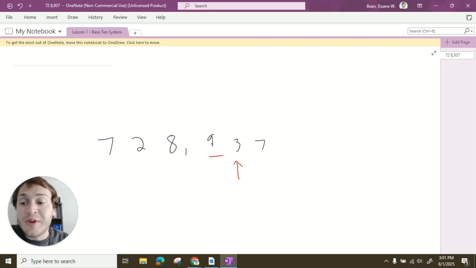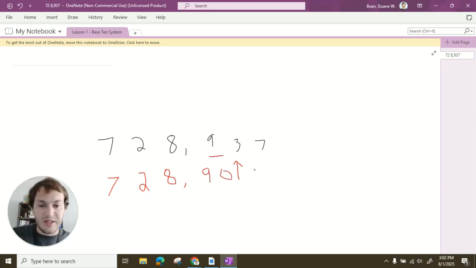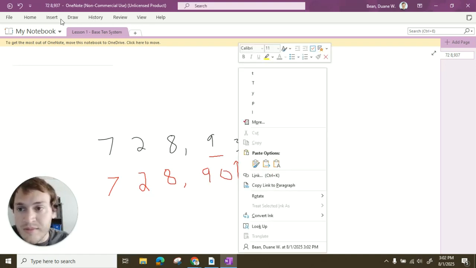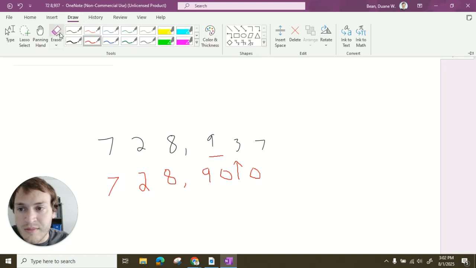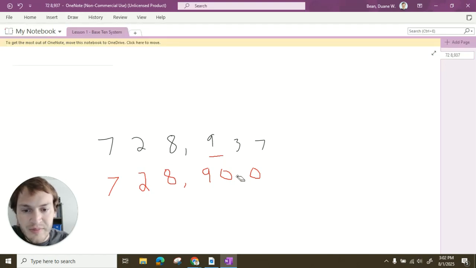Let me explain. So if we want to round to the hundreds, that's going to be this 9. We need to look at this 3 to determine what we do with this 9. Okay? 3 is less than 5. Since 3 is less than 5, we're just going to rewrite this number as 728,900.